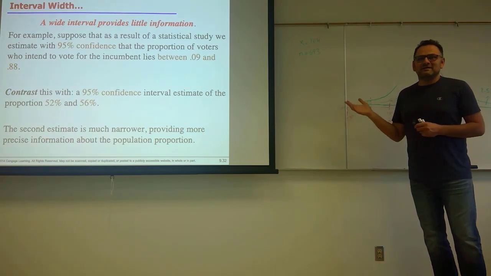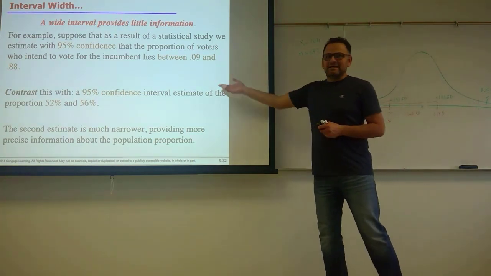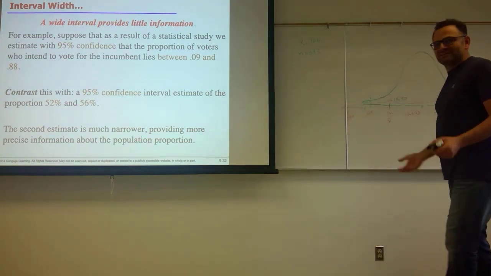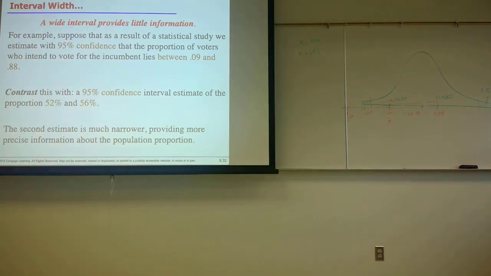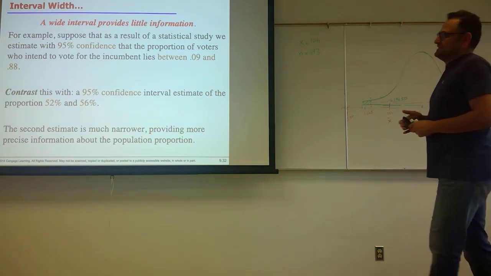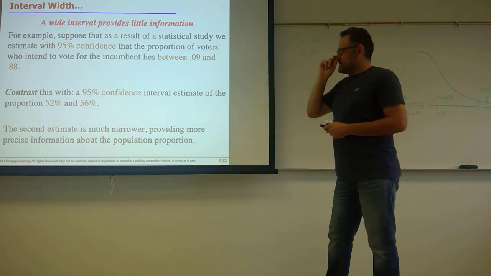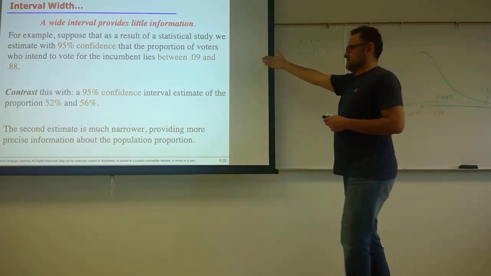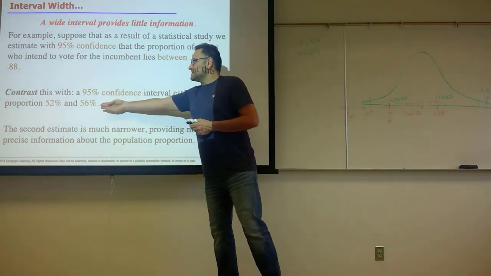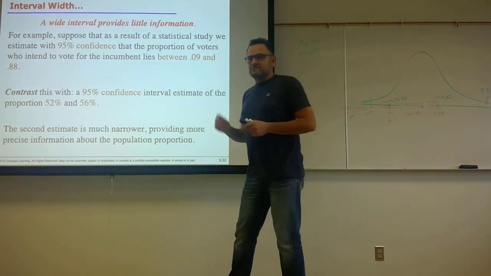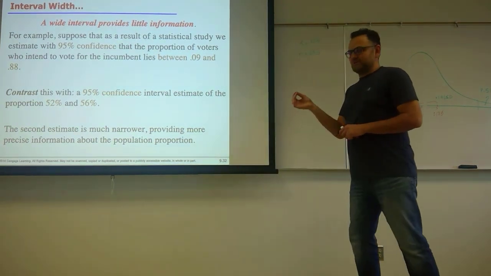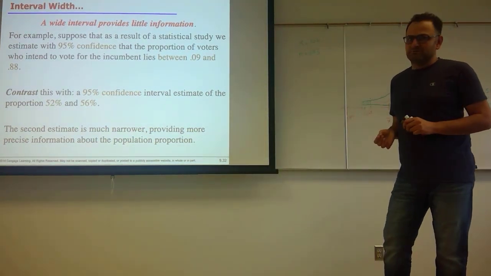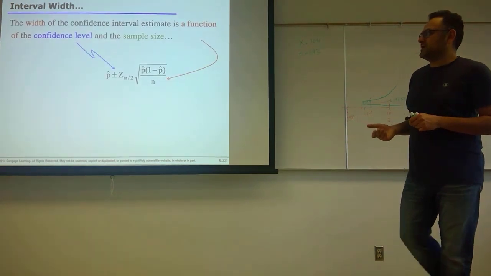Really, this is not useful if you come up with an extremely wide interval. That's not what you usually see on TV. What you see is usually something like this: there's a 95% confidence that the candidate gets between 52 and 56% of the votes. Of course, that's a lot more useful.